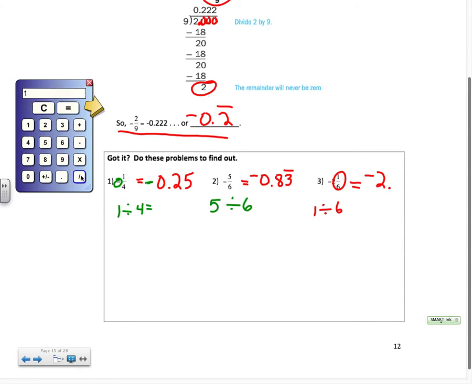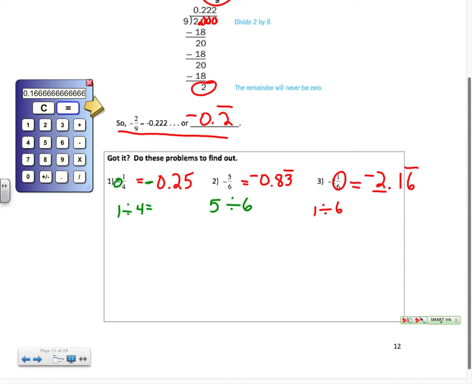What's repeating? Lexi. Tell me what I'm going to write as my answer for repeating. 6. Good. So I'm going to keep that negative 2 in the 1 spot. And I can see up there I have a 1, and it's only the 6 that's going to keep repeating.